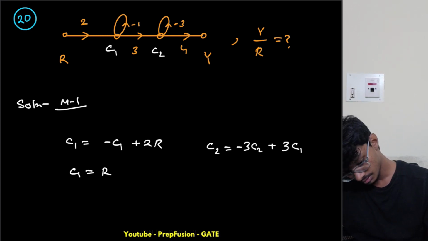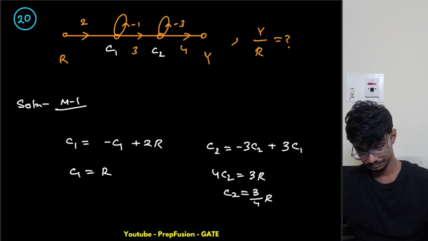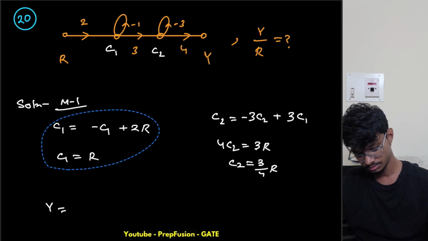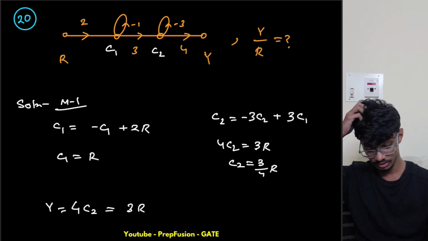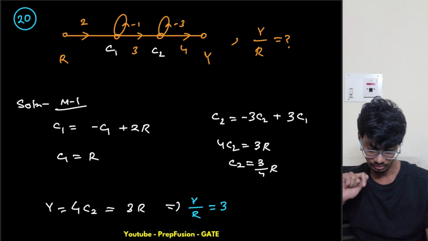C1 is R, so 3R, giving C2 equals 3 by 4 R. Now Y equals 4 times C2, which is 3R only. So Y by R equals 3 only. So this is the gain.